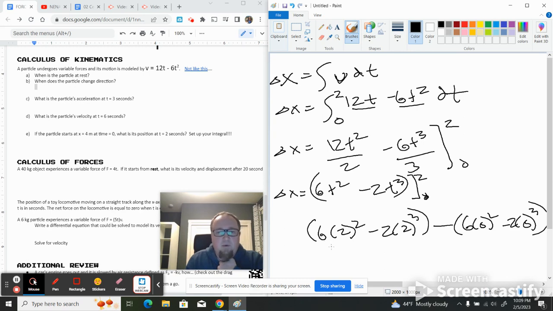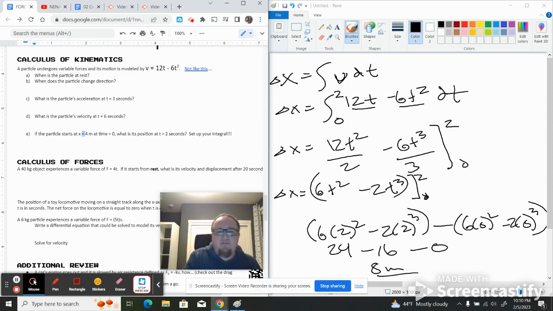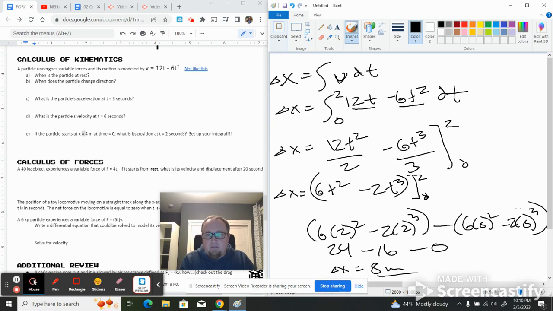So I end up with 24 minus 8, 16 minus 0, so I get 8 meters. Now, if I go back to the problem, where did I start? I started at 4, and I changed by 8. So that means I ended at 12 meters.